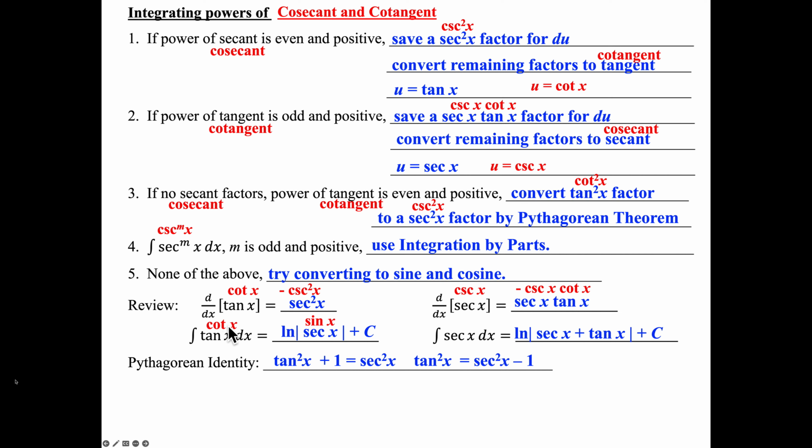Integrating cotangent of x is the natural log of the absolute value of sine of x plus c. Change secant to cosecant, then it's cosecant x minus cotangent of x inside your absolute value bars of your natural log. Tangent squared, cotangent squared. Secant squared, cosecant squared. Same as here. And you just created the rules for cosecant and cotangent.